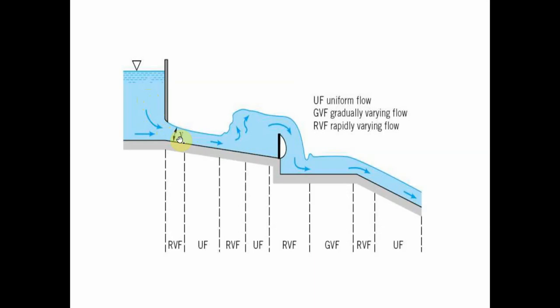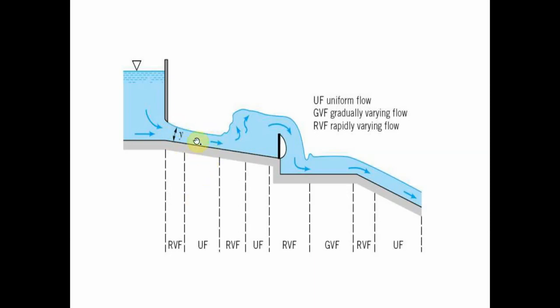The depth of the water is constant here, and then the water falls and changes again, then again becomes constant. So this portion is called rapidly varied flow. Then the depth increases, decreases, and keeps decreasing.